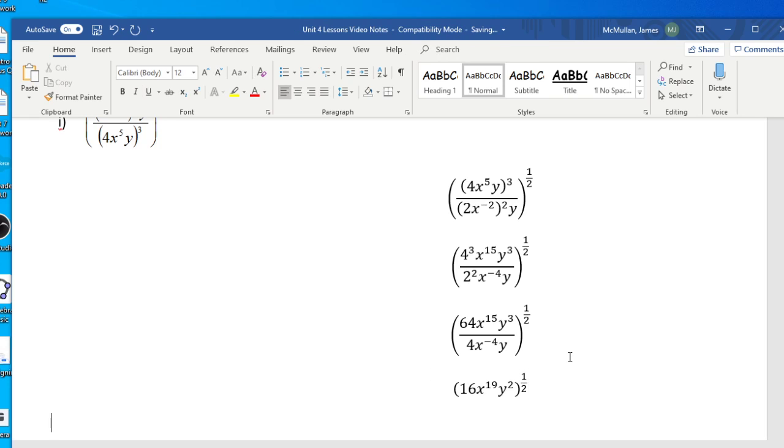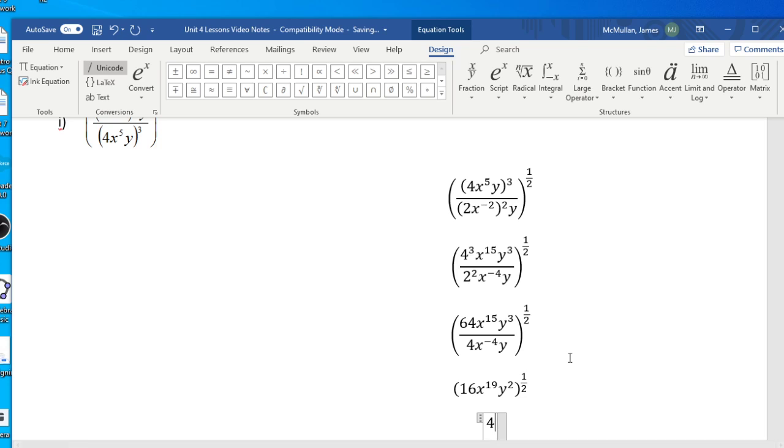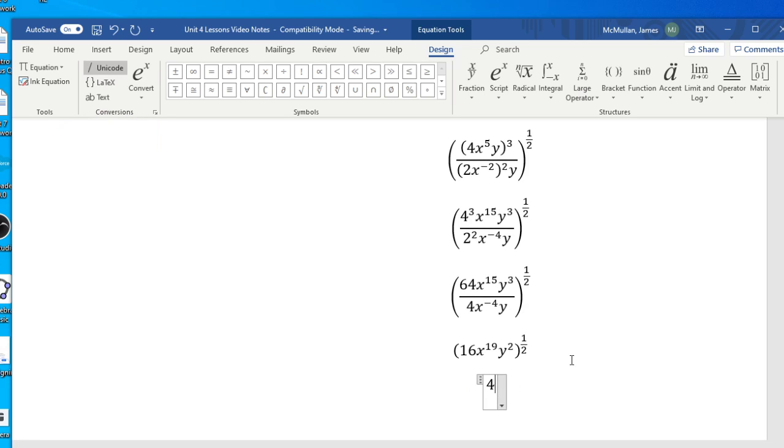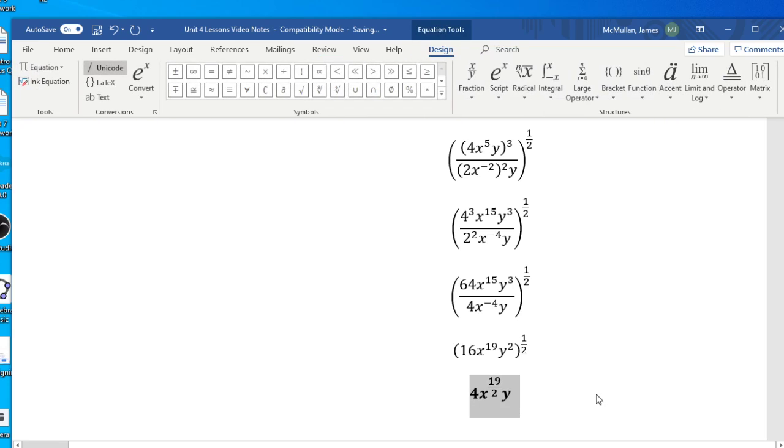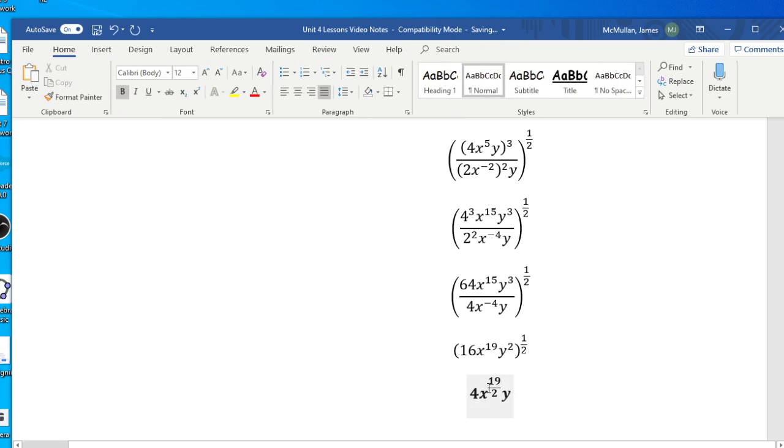You know how to do this. 16 to the 1/2 is 4. X to the power of 19 times 1/2, well, nothing you can really do there. You're just going to write 19 over 2. And then y squared to the 1/2 just gives you a y again. So all that big question simplifies down to that thing there.